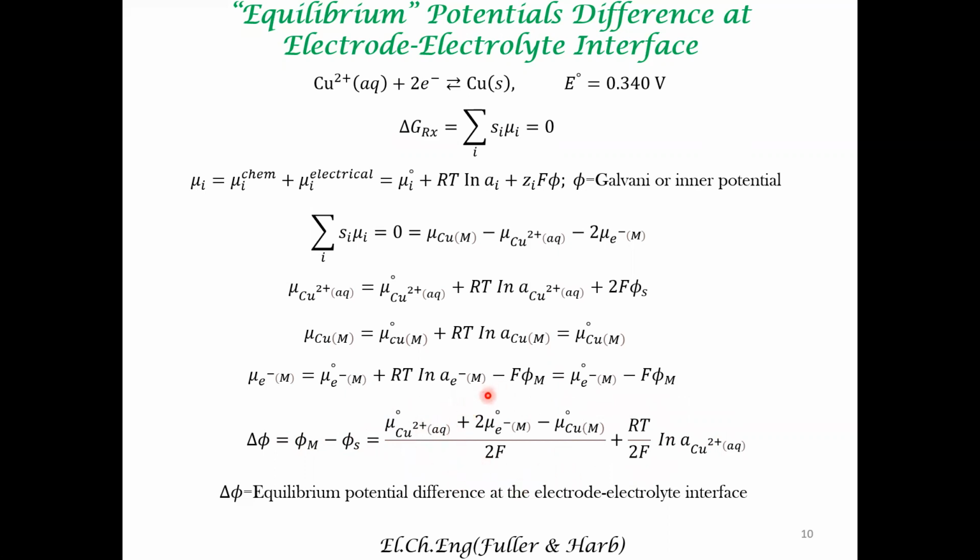All I've done is substitute these relationships and put them together. Even though we can interpret this potential difference using all these terms, I cannot make an absolute measurement of this potential difference. So the measurement I can make is only against another reference system.